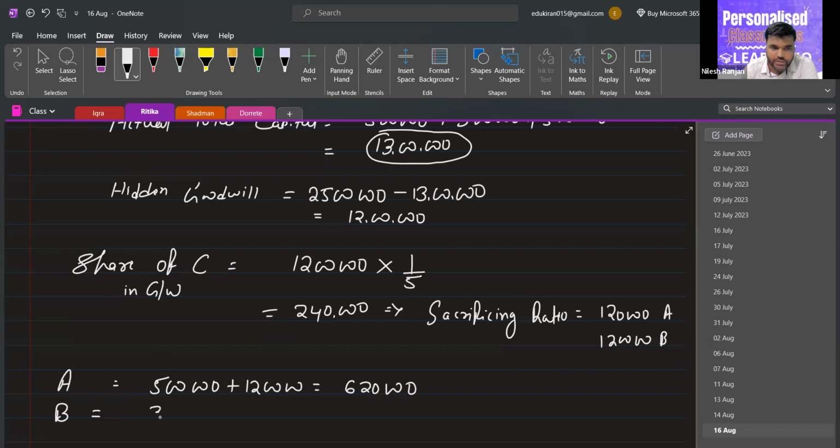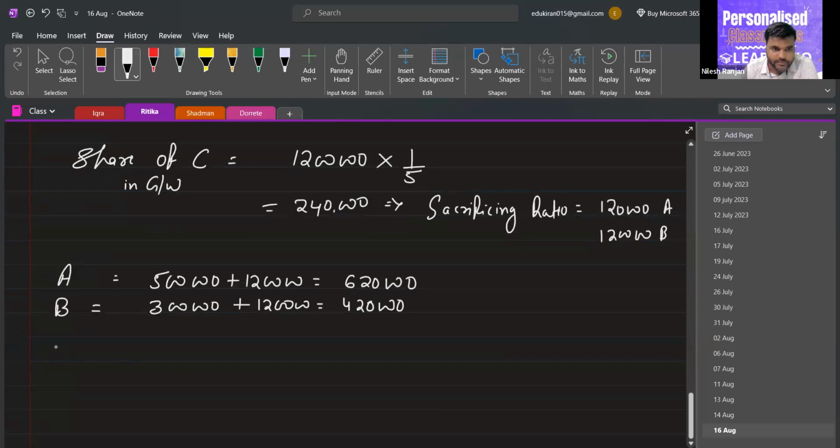For B, it will be 3 lakh plus 1,20,000, that is 4,20,000. And for C, his capital was 5 lakh minus the 2,40,000 he paid for goodwill, so his capital will become 2,60,000.